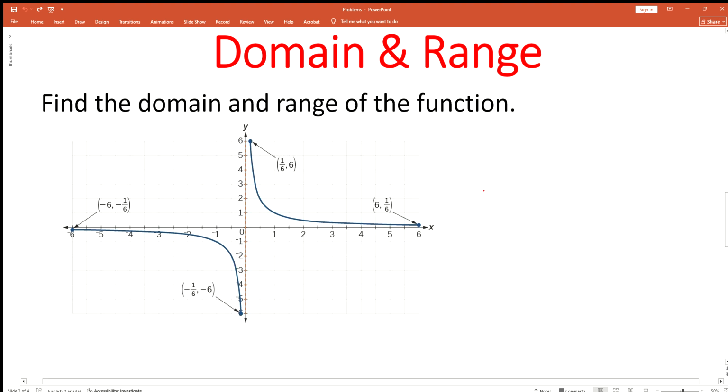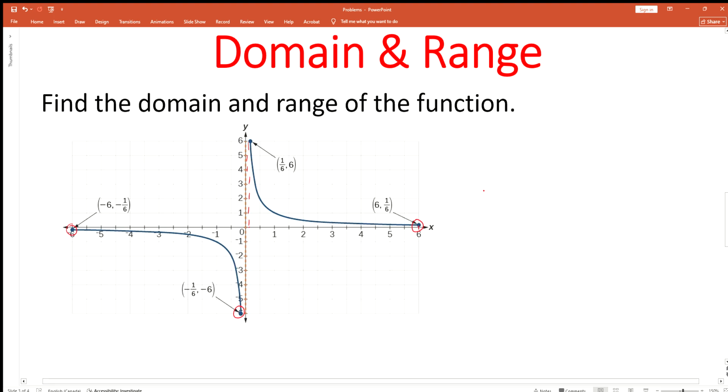This graph is made up of two curves. The curve on the left side starts at -6 along the x-axis and ends at -1/6 along the x-axis because the x-coordinate of the endpoint is -1/6. The other curve starts at 1/6 along the x-axis and ends at 6 along the x-axis.